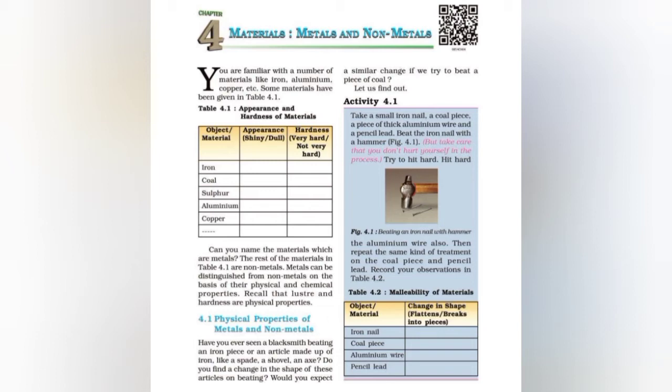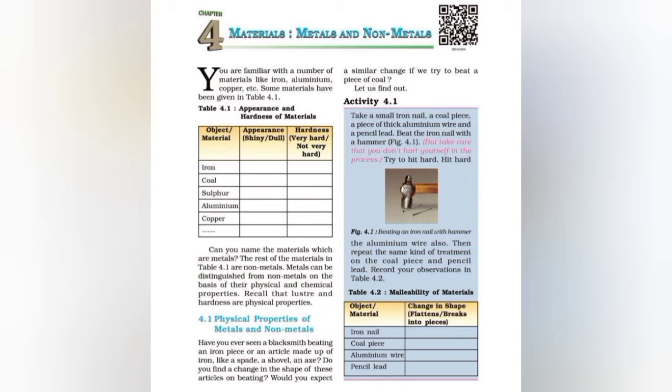Have you ever seen a blacksmith beating an iron piece or an article made up of iron like a spade, a shovel, an axe? Do you find a change in the shape of these articles on beating? Would you expect a similar change if we try to beat a piece of coal? Yes, definitely there is a difference, and we can distinguish these articles like coal, aluminium and iron by their physical property.